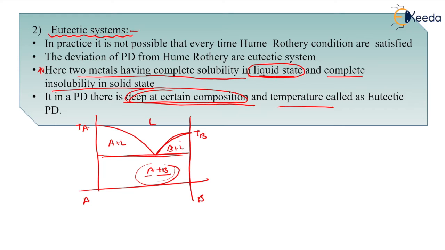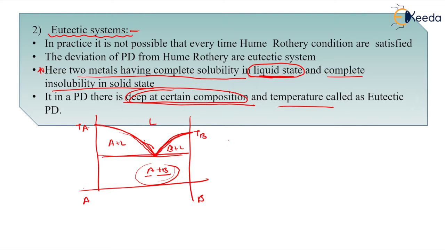So dear students, you can see here, this is the melting point of element A, and this is the melting point of element B. But you can see that there is a sudden dip, in the composition also and the temperature. Even though the melting points are at such a huge distance from this point, these two elements are meltable at this point.